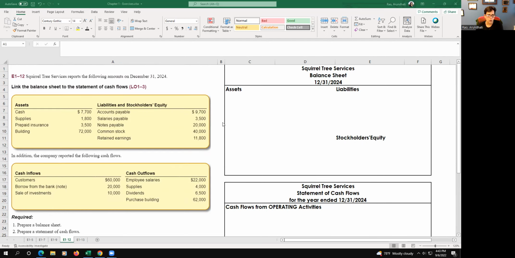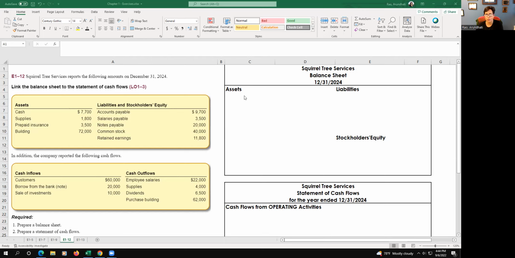Okay. So they've given us all the information for the balance sheet, assets, liabilities, and owner's equity. This is a very simple exercise. We just need to plug the numbers in place. Now, assets, you have cash, supplies, prepaid insurance, and building. And these assets have been listed in the order of liquidity, most liquid to least liquid, which is how you want it in the balance sheet.